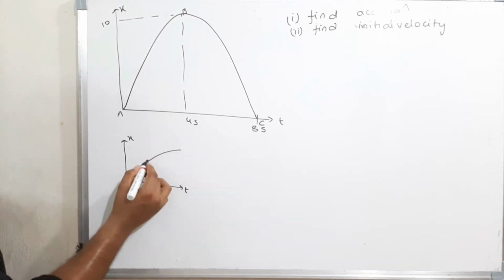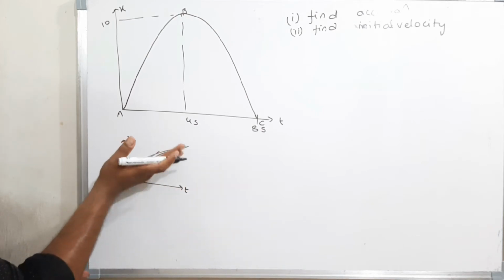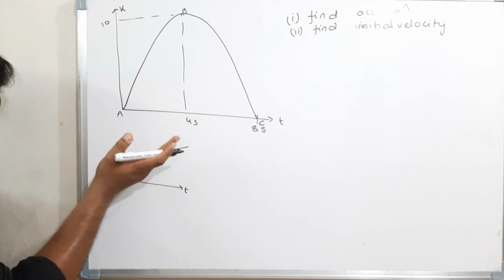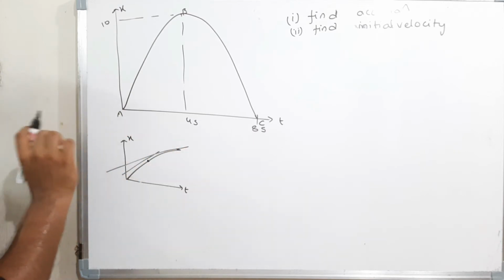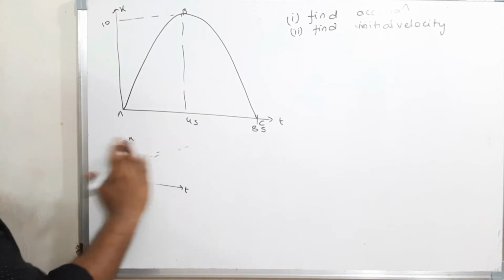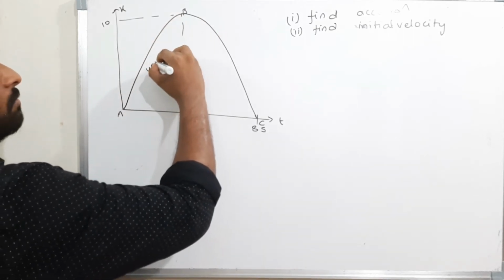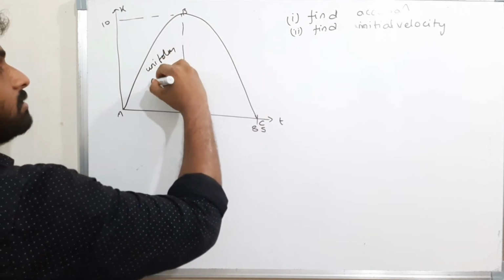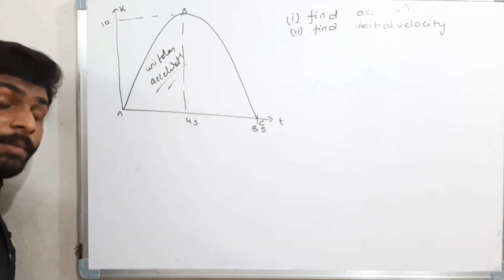A curve. The slope is gradually decreasing, that means the velocity is decreasing. Velocity decreasing means it is having some constant acceleration. That means this graph represents a uniform acceleration.